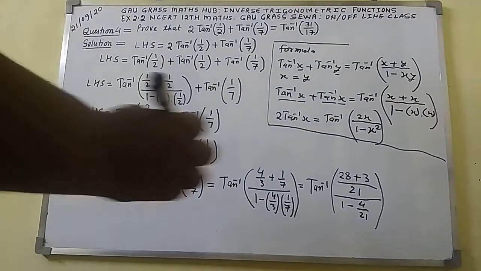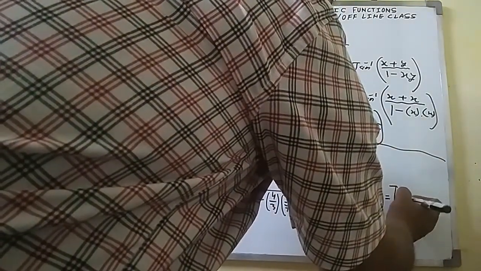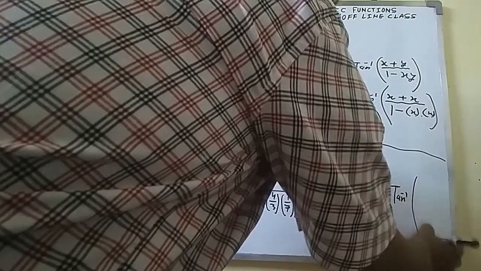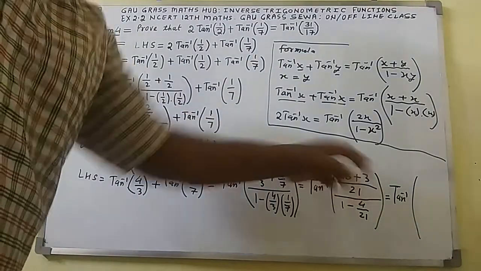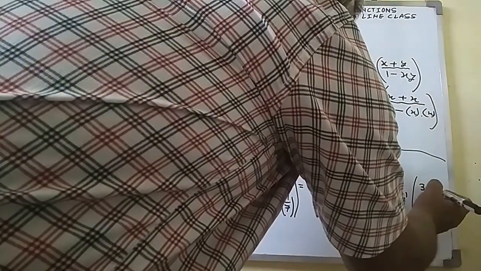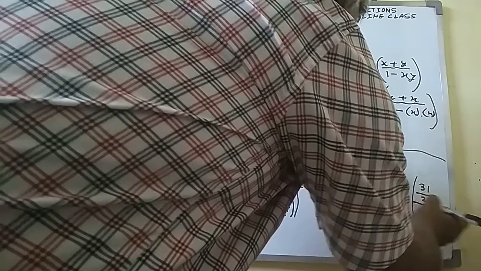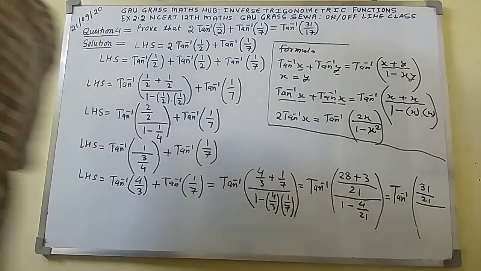Again, what to do next? So here you can write tan inverse in bracket, you can write very well 28 plus 3 will be operated comes out to 31 over 21, whole over here you will get 1 minus 4 over 21.